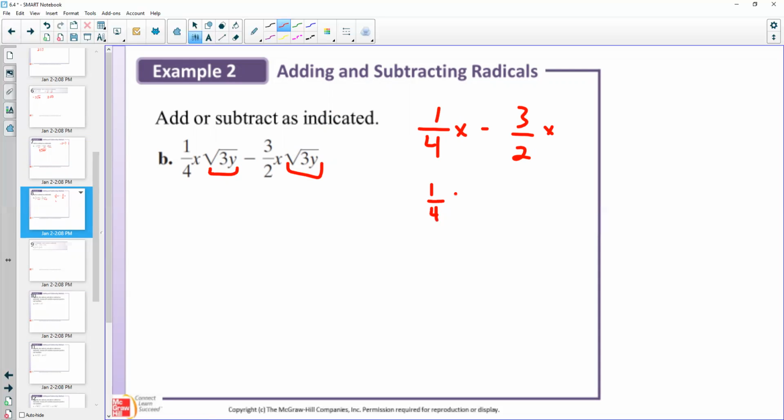So 1/4 x minus, with the common denominator being 4, 6/4 x. 1/4 minus 6/4 x is -5/4 x. Okay, and the radical 3y just comes on the end, so I am left with -5/4 x radical 3y.